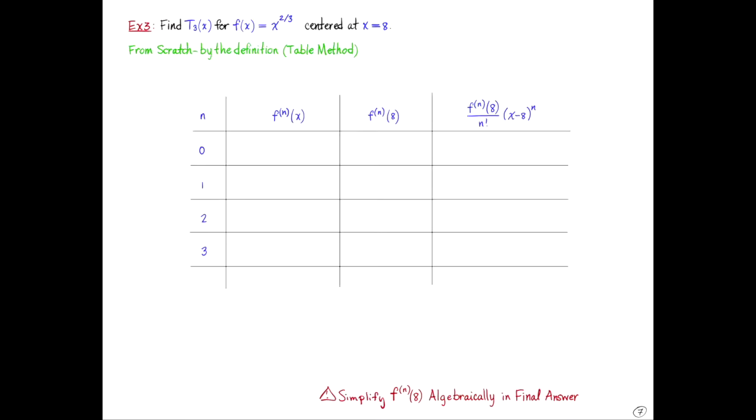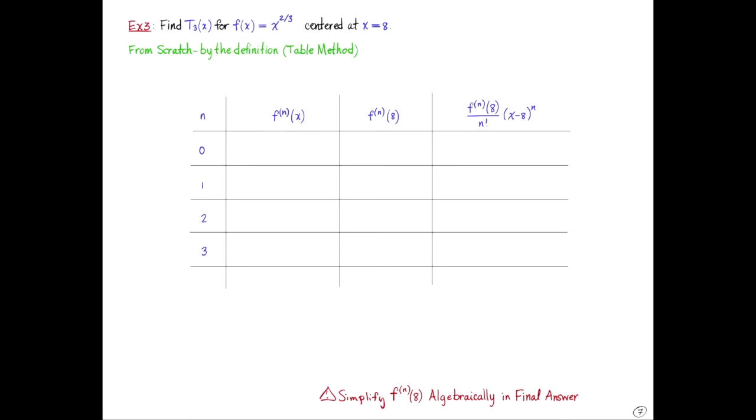Two different things we should think about. We only have 4 Taylor series memorized: 1 over 1 minus x, sine x, cosine x, and e to the x. And no matter how we modify any of those, we're never going to be able to get back x to the 2/3. We also know that using a known Taylor series only works when it's centered at x equal to 0.